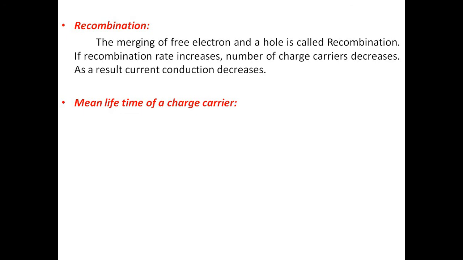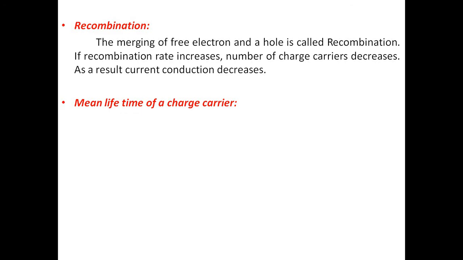Suppose a free electron has been generated due to thermal generation at a time t1. It will move inside of the material and at a point of time called t2, that particular free electron is going to combine with a hole, and the process is called recombination. At this point both the hole as well as the free electron are going to vanish.